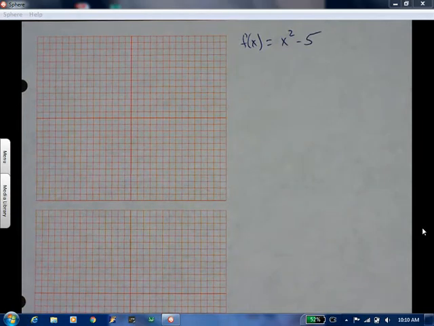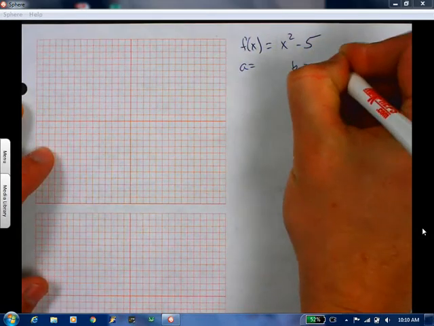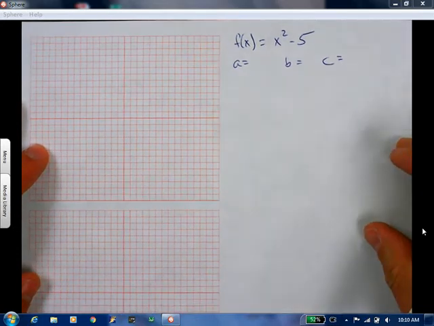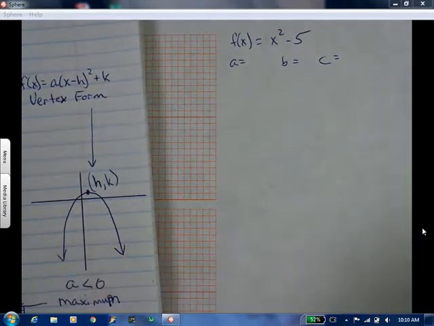Okay. We won't really need straight edges or rulers because they're curved. Okay, so first thing, what is a, b, and c in this case? Let's look. All of these will be in standard form, for the most part.